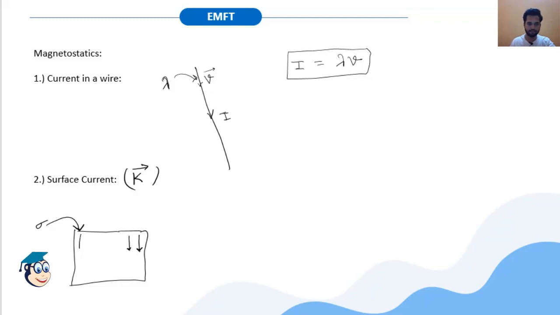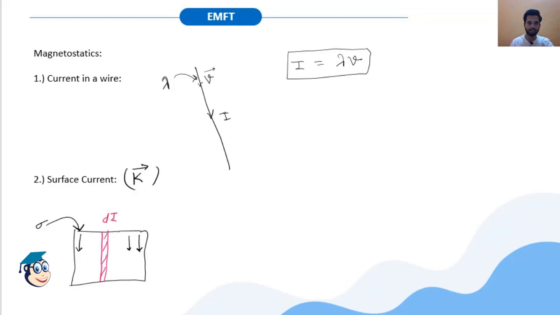I have not drawn the entire surface, but let's say the charges are moving in a particular direction over the entire surface. So let us take a thin strip of that surface, and this strip will contain a small line current di.